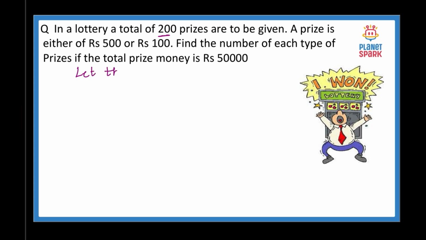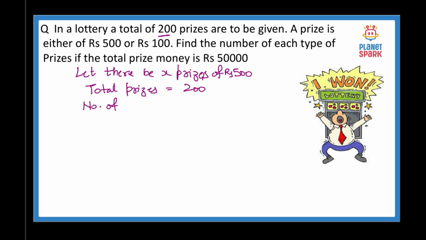So let us say that the total number of prizes of 500 is X. Now if the number of prizes of 500 is X, then the total number of prizes we are having is 200. Out of 200, X prizes are for 500 rupees. That means the number of prizes of rupees 100 is 200 minus X.